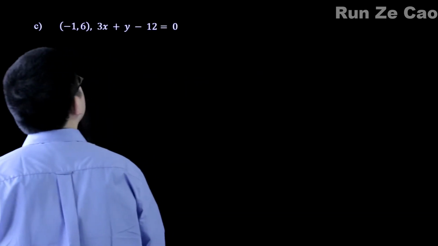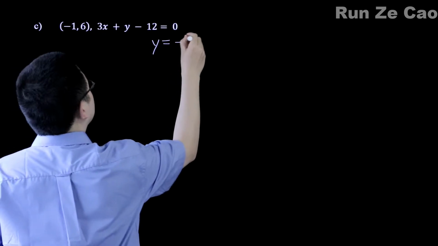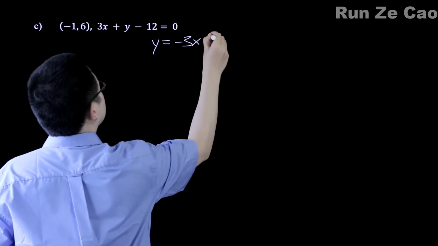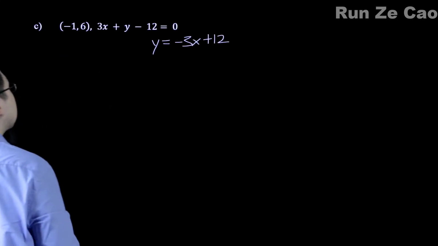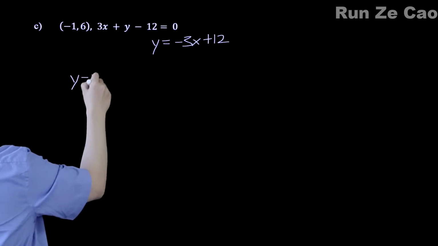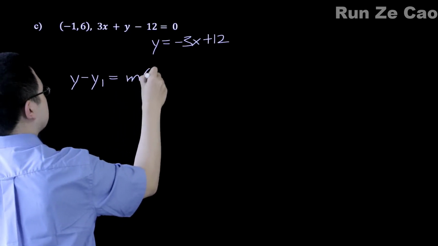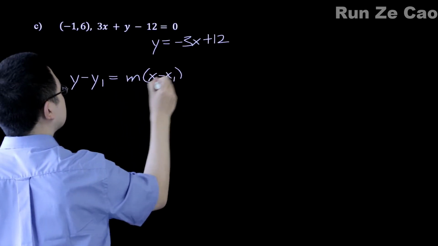3x plus y minus 12 equals 0. This gives us y equals negative 3x plus 12. And so we use, once again, y minus y1 equals m times x minus x1.